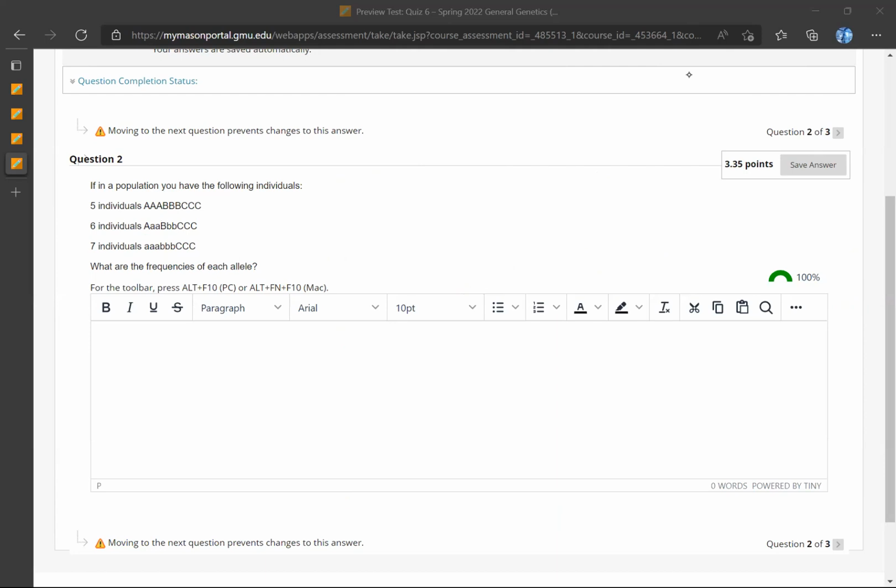Let's take coupling and repulsion. No, we have not gotten to cis and trans recombination. Sorry to interrupt, Garrett, but Usman, I just looked at quiz 7 and there's a tiny bit of math, but it's not anything like what we were just doing.